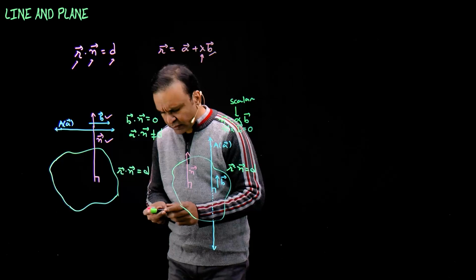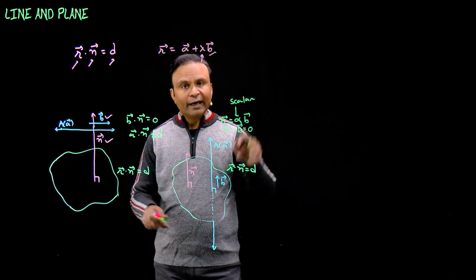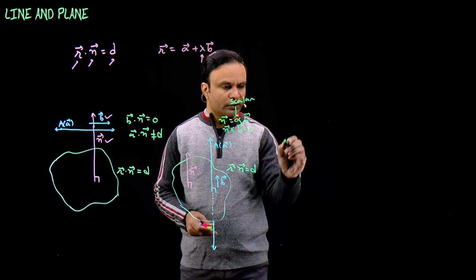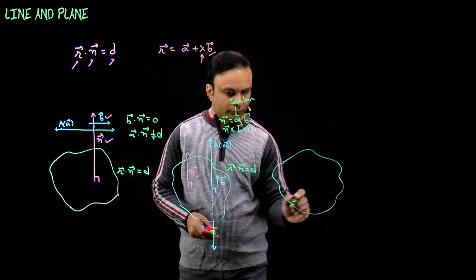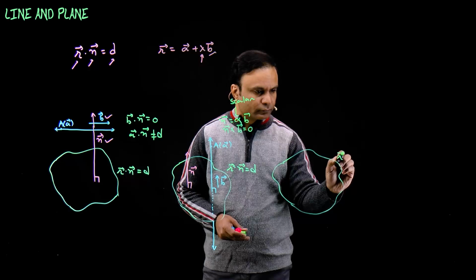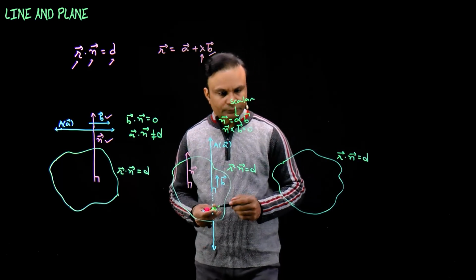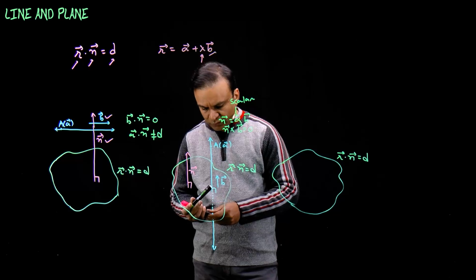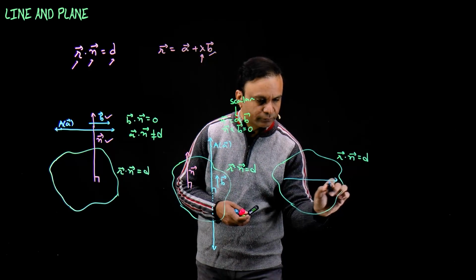Okay, now third possibility is that line is lying on the plane. So let's draw the plane once again. Okay, line is lying on the plane, so let's draw line on the plane.